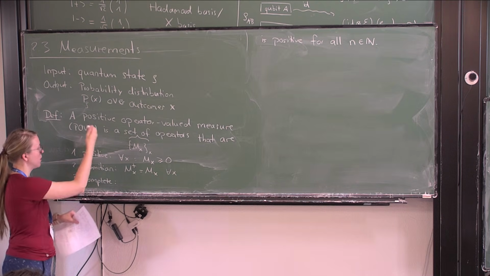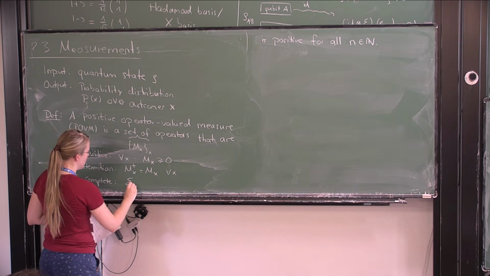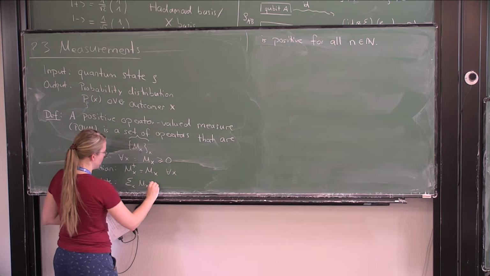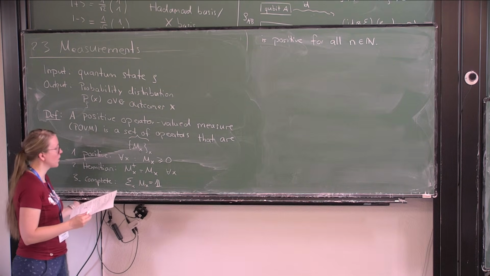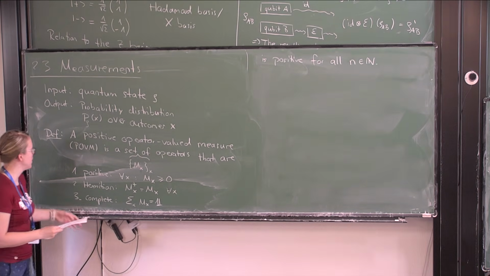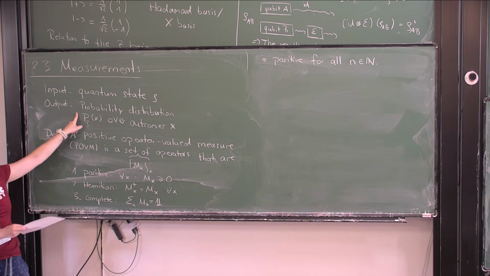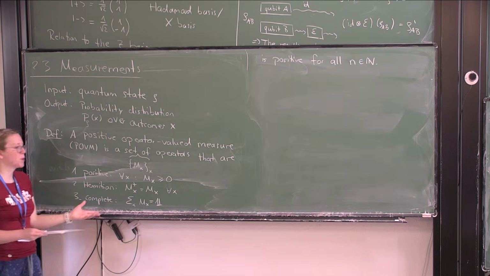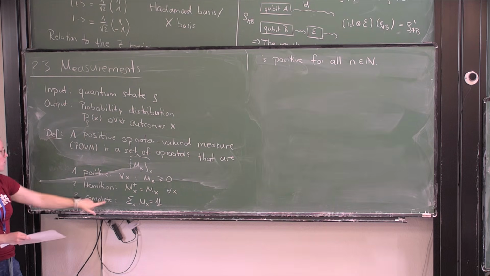That means if I sum up all the elements in the set, I get the identity. We'll see in a minute why these properties are exactly what we require for the outcome to be a probability distribution. But first we need to specify how we get the probability distribution out of this object.